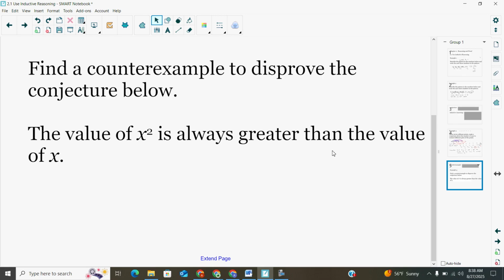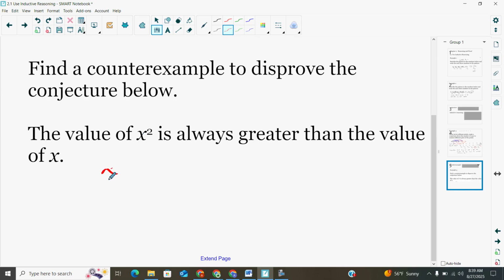The conjecture that's given says the value of x squared is always greater than the value of x. So we need to come up with a counterexample. When we're doing that, especially when it deals with numbers, we want to think through different types of numbers.